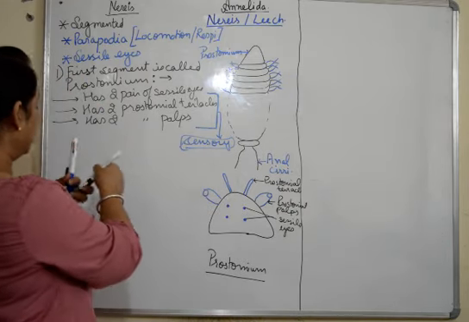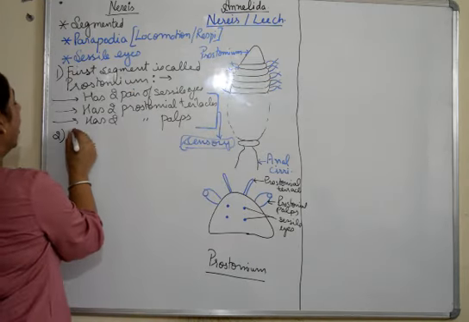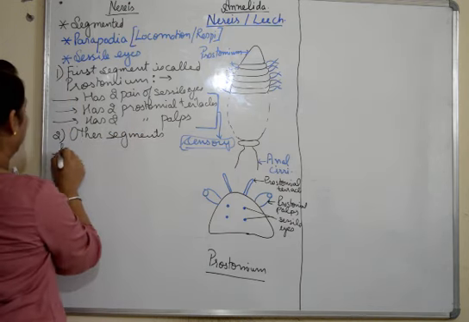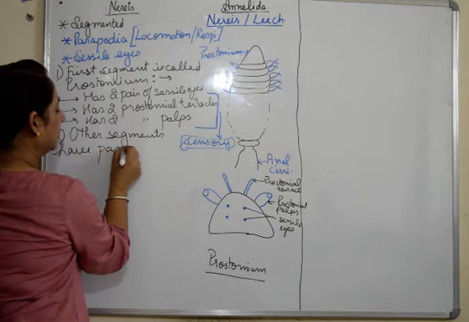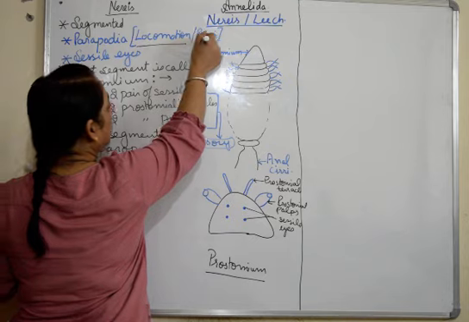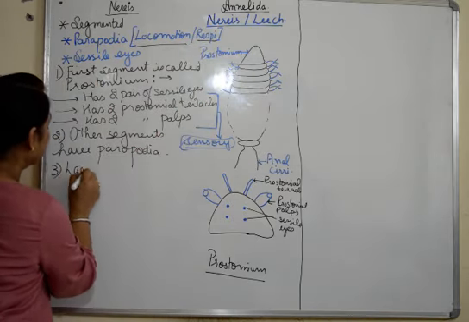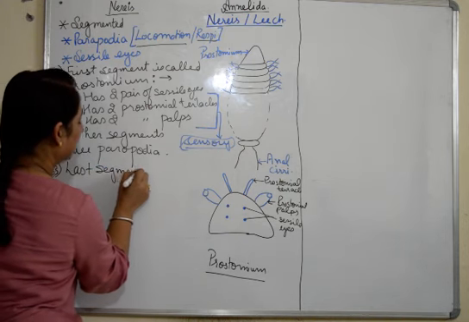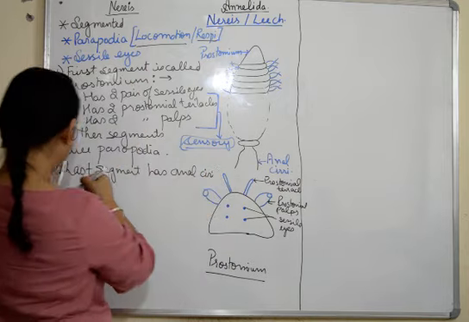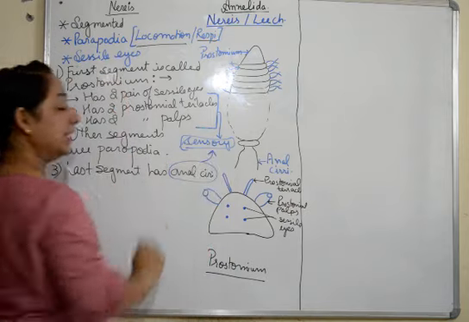Then when we talk about the next segments, we are not talking about all these segments. So other segments have parapodia, okay? And we have written here that they are responsible for locomotion and respiration. So we know the function of parapodia. Third is, last segment has anal cirri. Now these anal cirri are also sensory in nature. Fine.